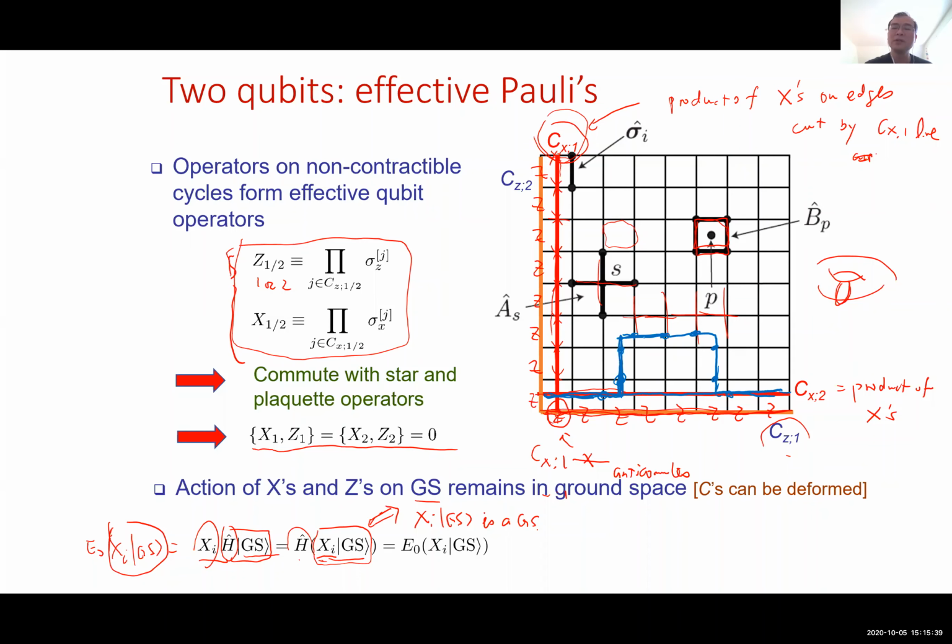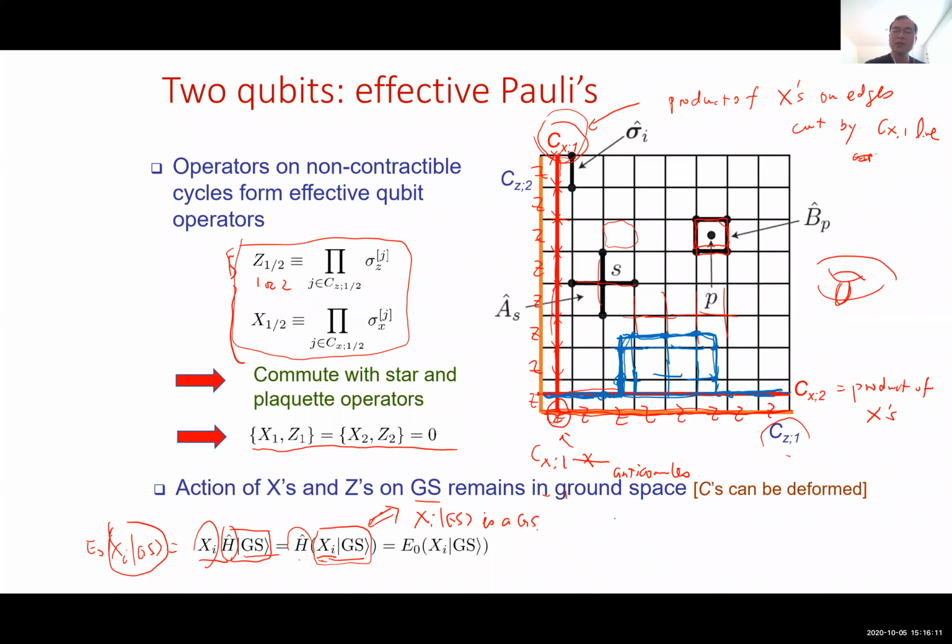operator. And indeed, you can see that the additional thing can be canceled out. This curve and that curve can be deformed by putting the star operator here. Right, the star operator would sort of move this curve around. And because these star operators are stabilizers, they don't change the code space.